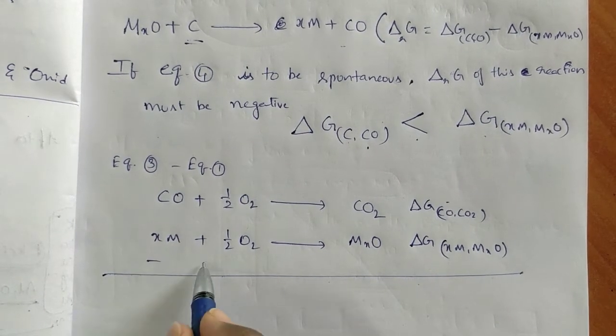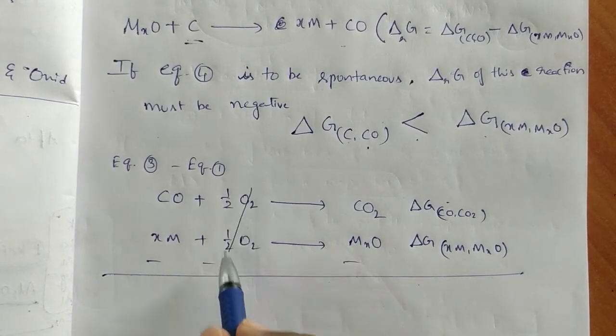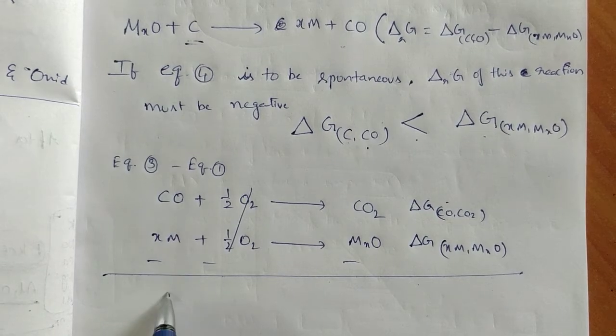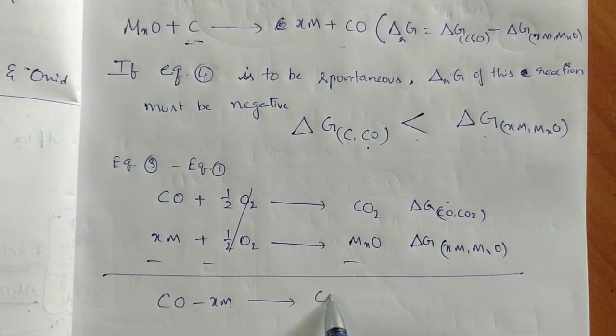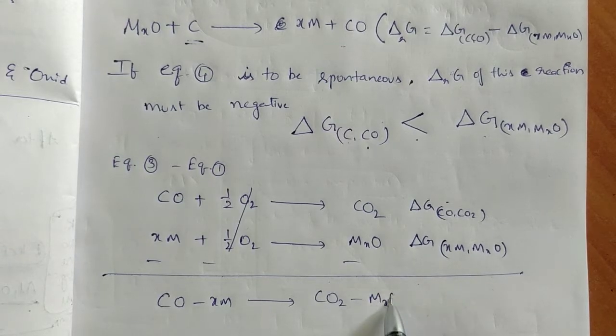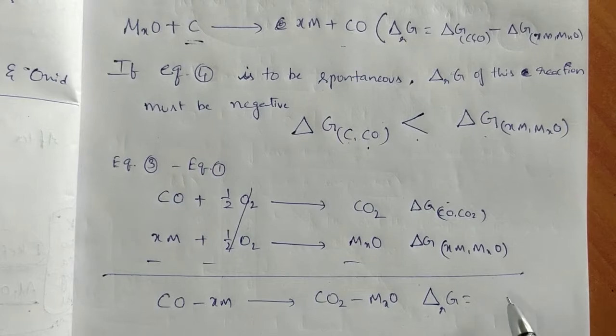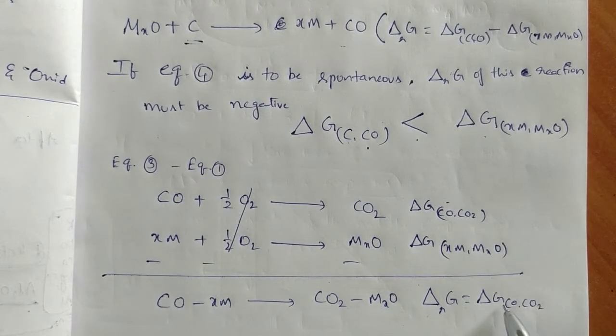Subtract. Minus, minus, minus. Half O2 got cancelled. CO minus XM gives rise to CO2 minus MXO. For this, delta RG is equal to delta G of CO comma CO2 minus delta G of XM comma MXO.